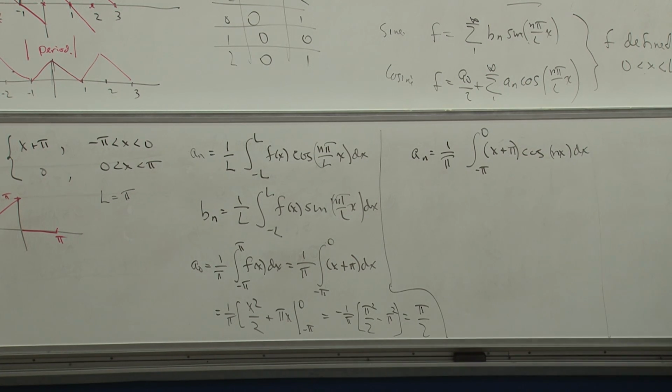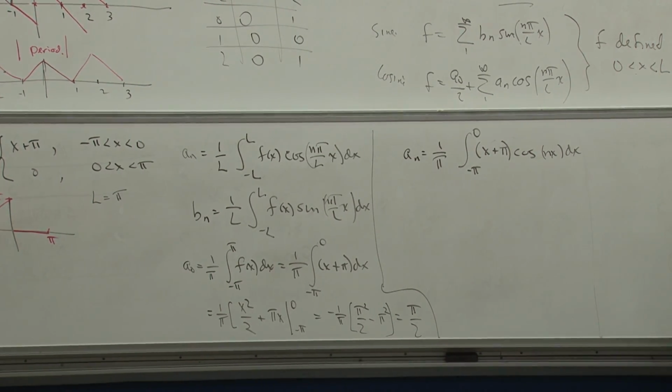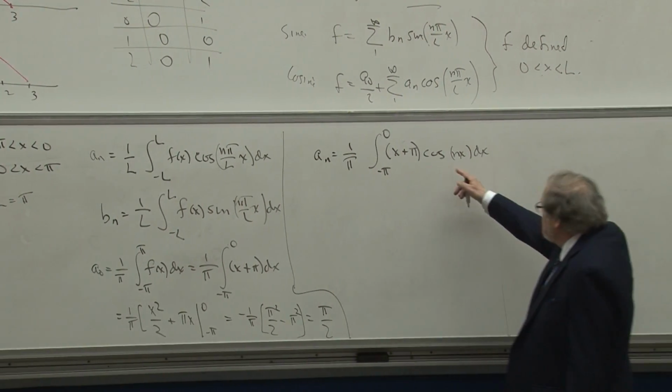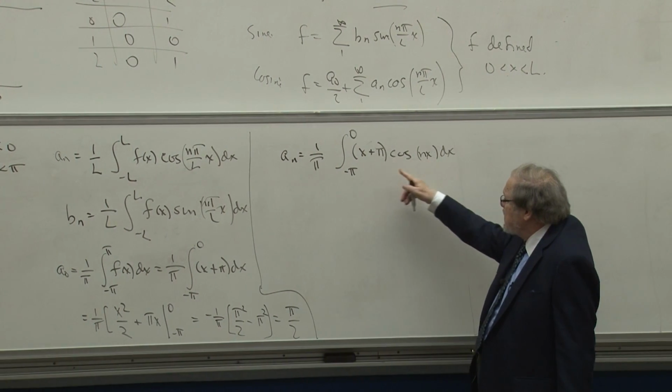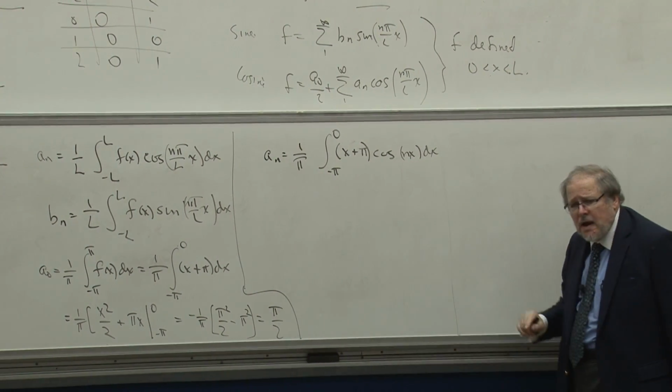Make a pi big enough so that it shows up on Jesse's screen. And then from 0 to pi it's 0. So we have this. Well, I've got a cosine of nx.